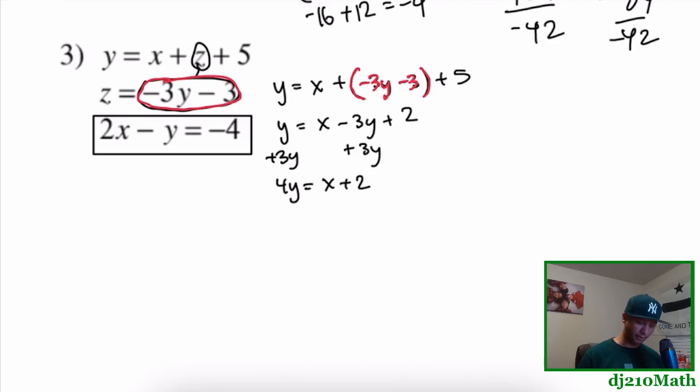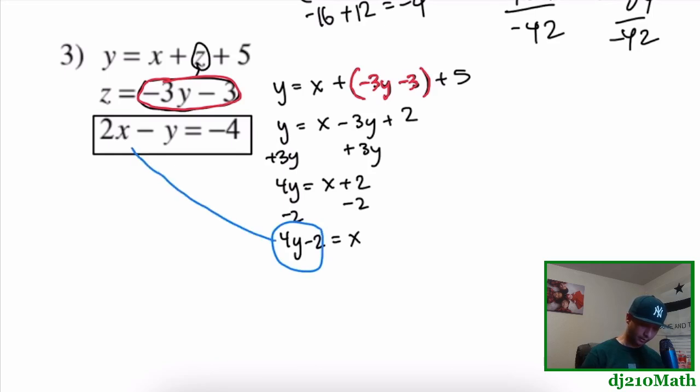Because here when we moved everything to one side, if we solve for x here, 4y minus 2 is equal to x. Now, this can go into there. So this is going to be 2. x in this case is going to be 4y minus 2.